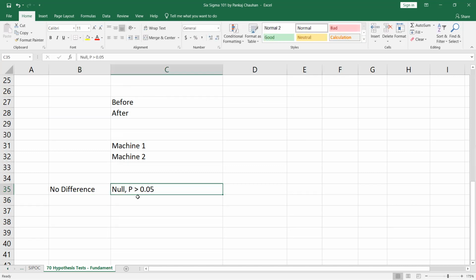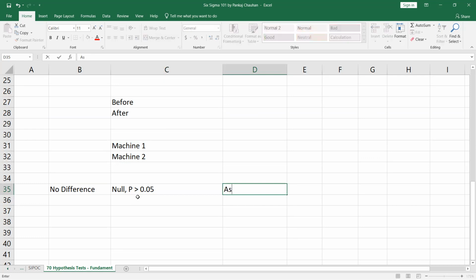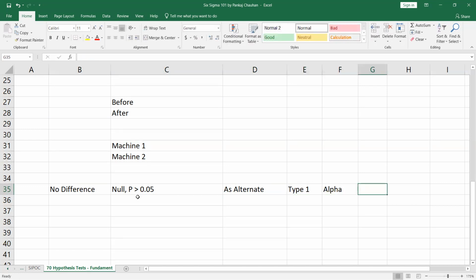But you call this an alternate hypothesis, telling that there is a difference when there is none. Then this is your type 1 error or alpha error. This is also called a false positive, and also a producer risk.